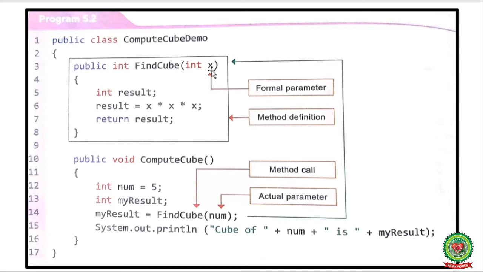Formal parameters are also known as dummy parameters. Then, public void computeCube. In it, I am calling the findCube method. This is a function call. This num is the actual parameter, the argument that we pass at runtime.